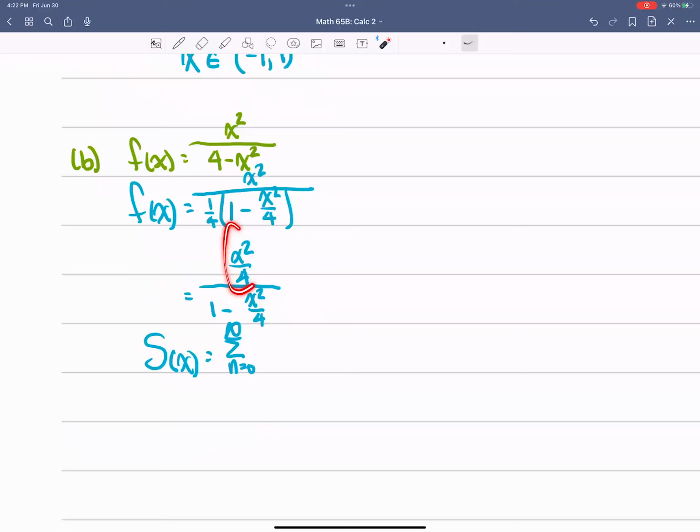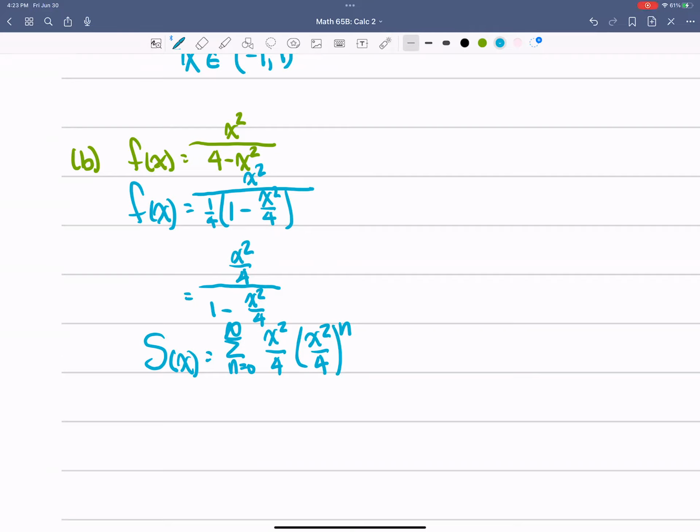Our first term is this right here, x squared over 4. Our common ratio is x squared over 4 to the power n. And it looks like we're good here.